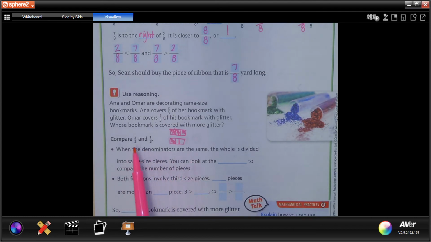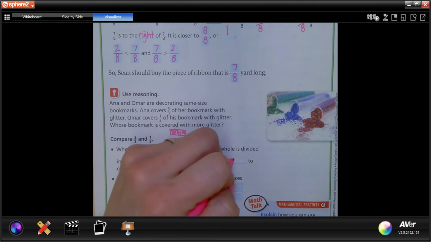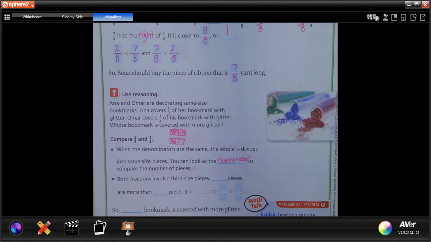When the denominators are the same, the whole is divided into the same size pieces, just like this. You can look at the numerator, so the top number, to compare the number of pieces.